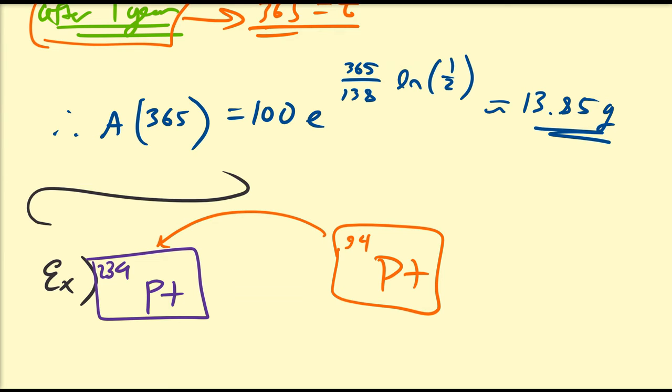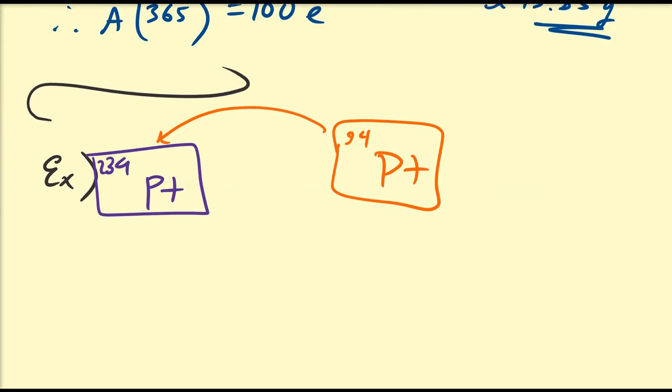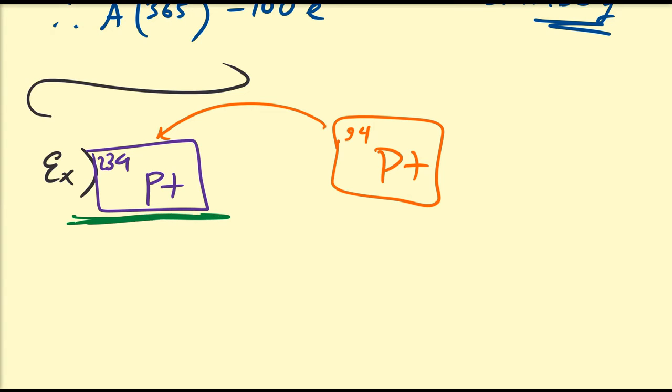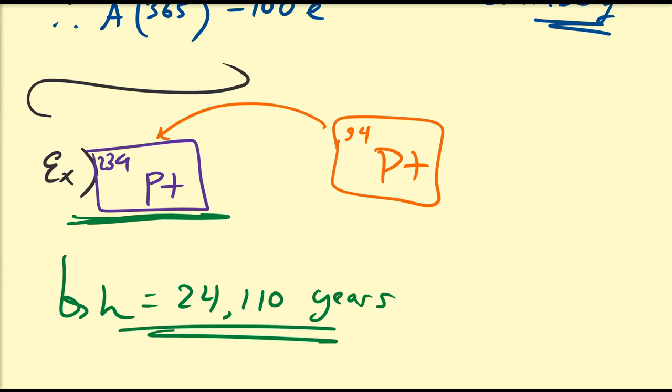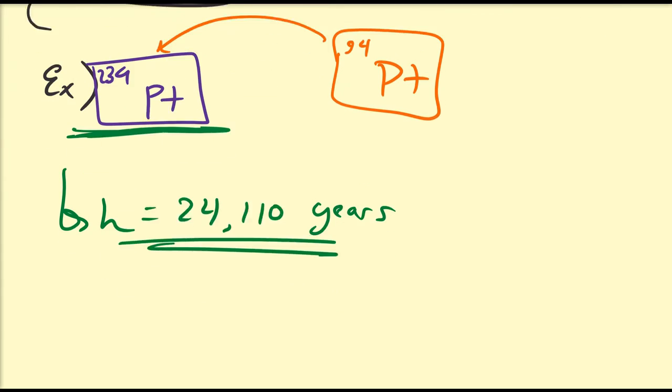So this is definitely going to be extremely more radioactive than, say, plutonium-100 or plutonium-120 or something like that, right? So this radioactive isotope has a half-life of 24,110 years.